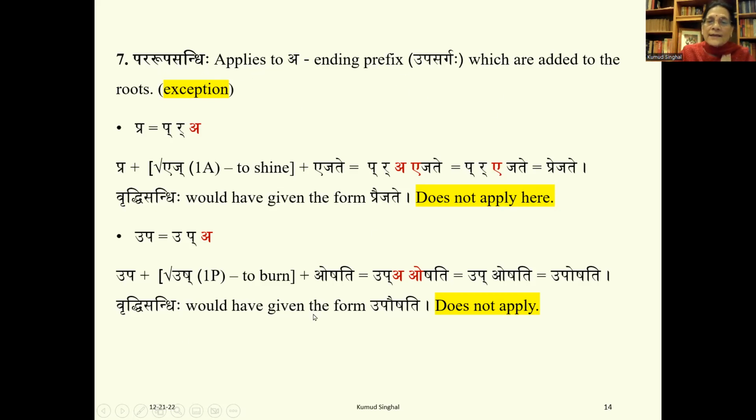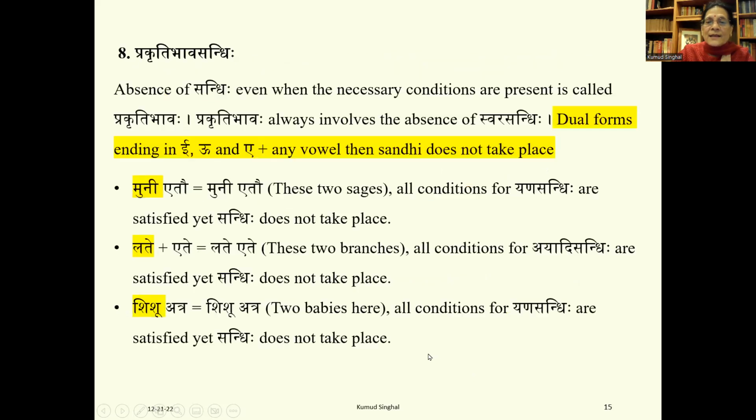And the next sandhi is called the Prakriti Bhava Sandhi. This is actually not a sandhi, it is an absence of sandhi. Even when the necessary conditions are present and sandhi does not happen, it is called Prakriti Bhava.